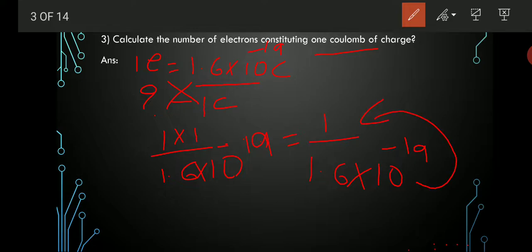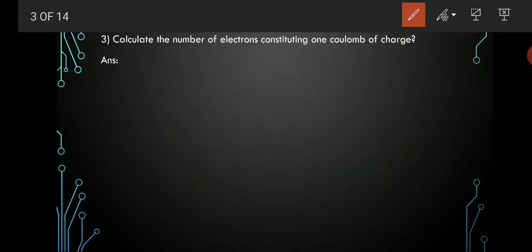What happens when we shift the terms? If it is negative, it becomes positive in the numerator. That is, 10 to the power minus 19 becomes 10 to the power plus 19 in the numerator. So I'll write 1 into 10 to the power plus 19 divided by 1.6. Now keep this 10 to the power 19 as it is.